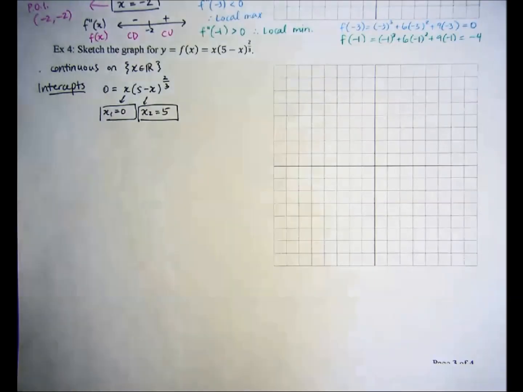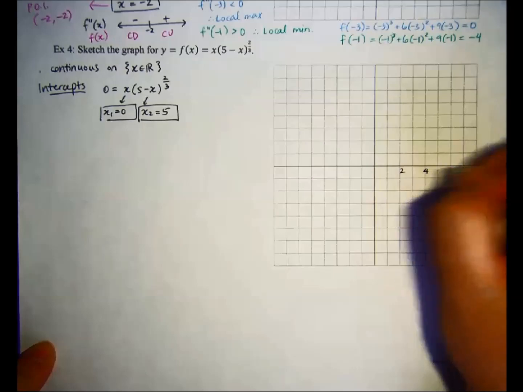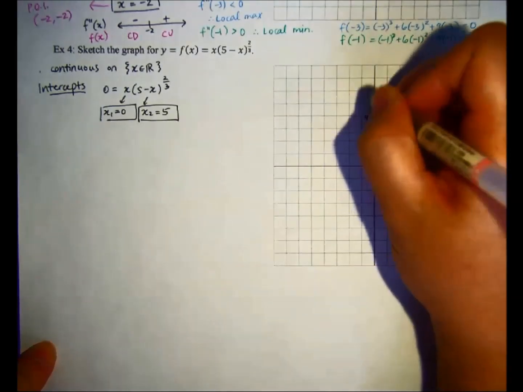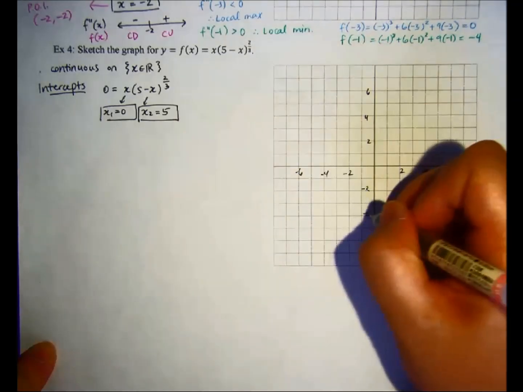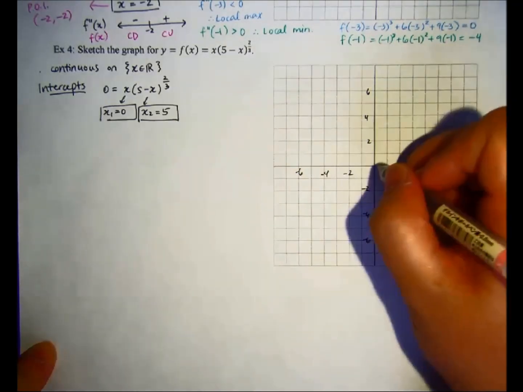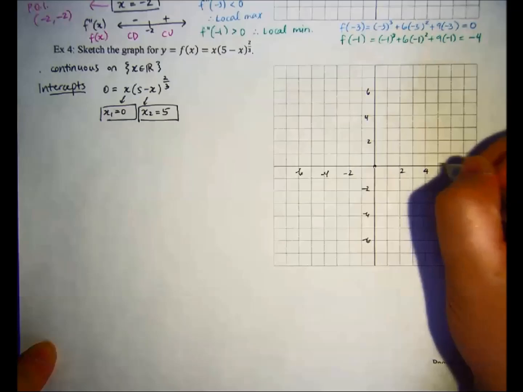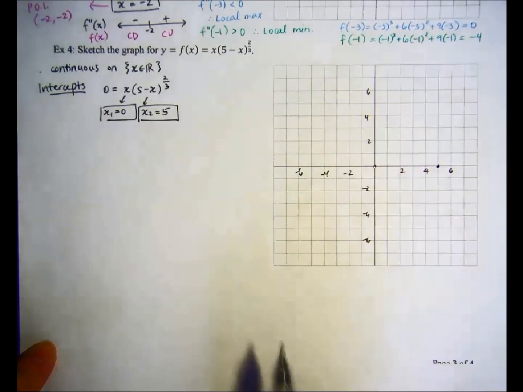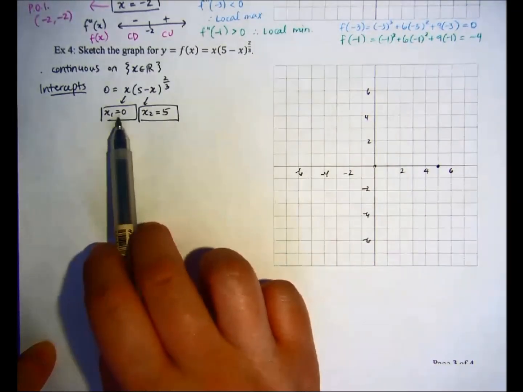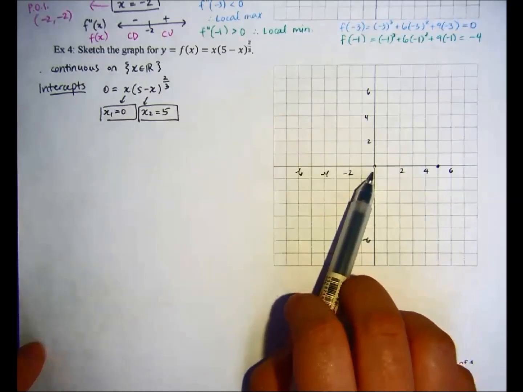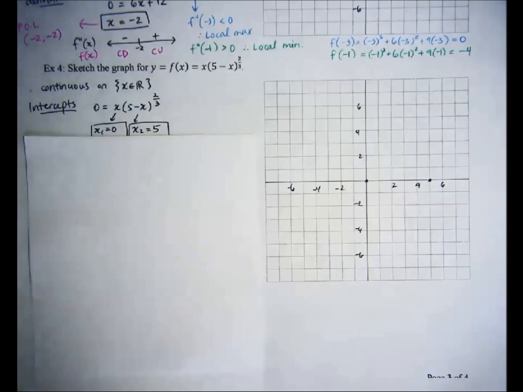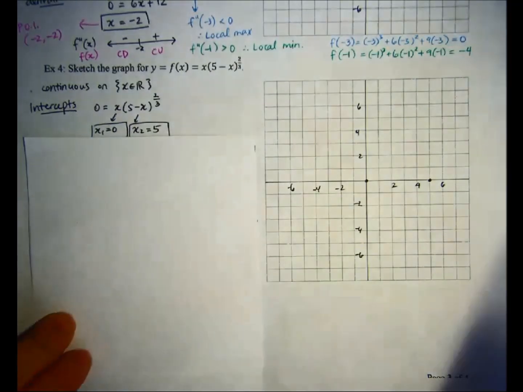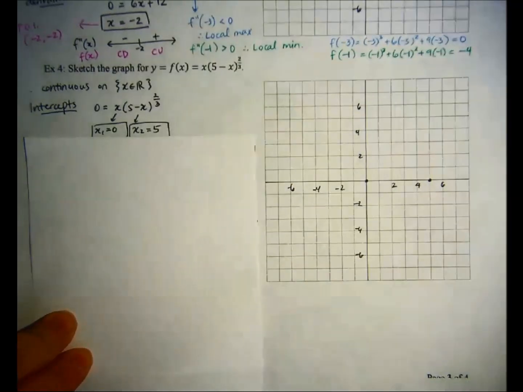So let's start plotting those points down. And because we already figured out that one of the x-intercepts is (0, 0), that's also going to be the y-intercept. You can't have more than one. I made some mistakes earlier, so I'm just going to start over with my first derivative.